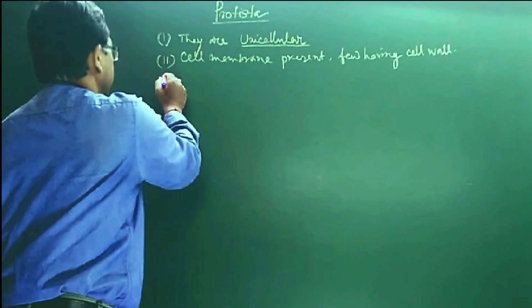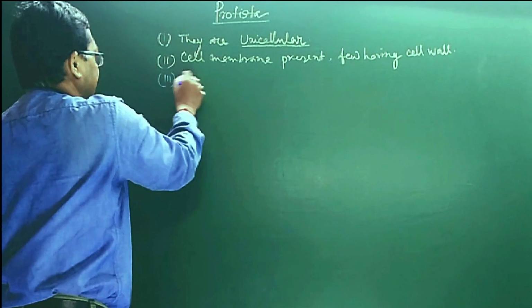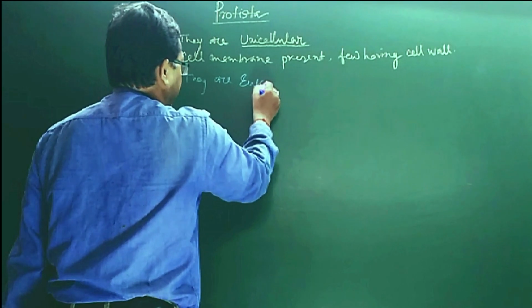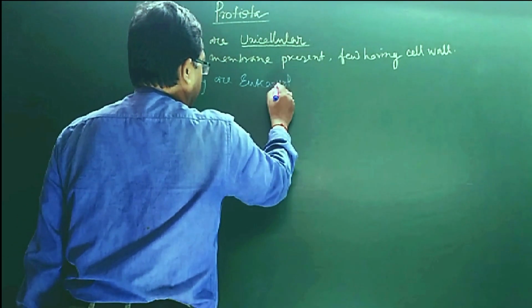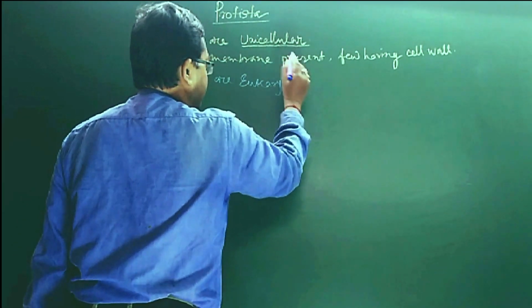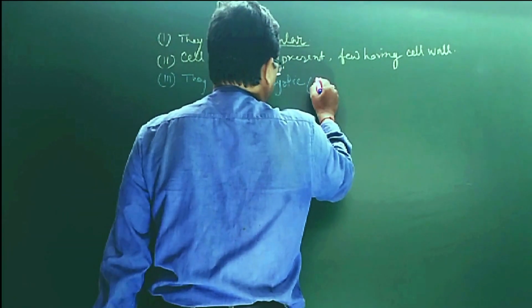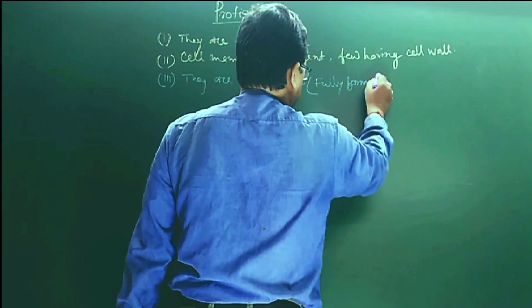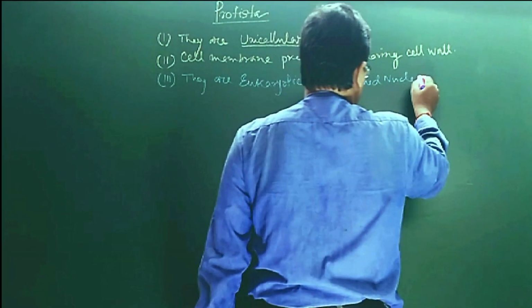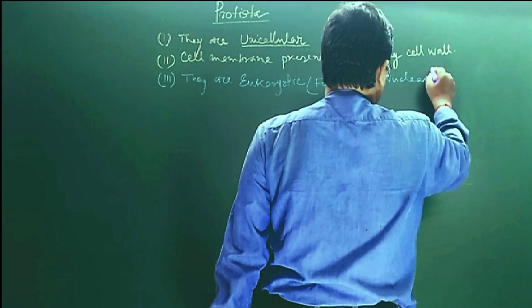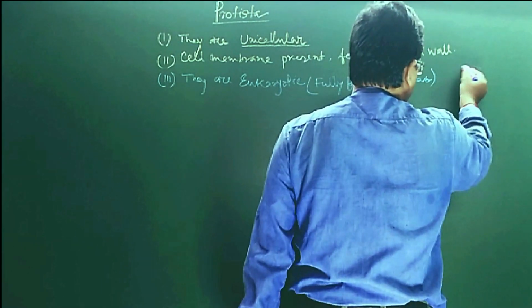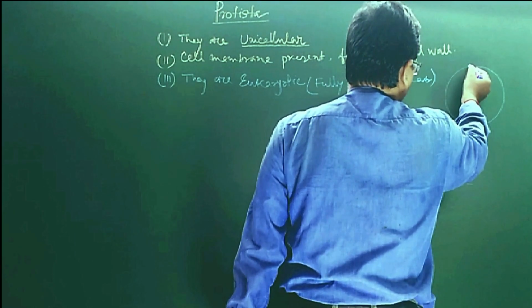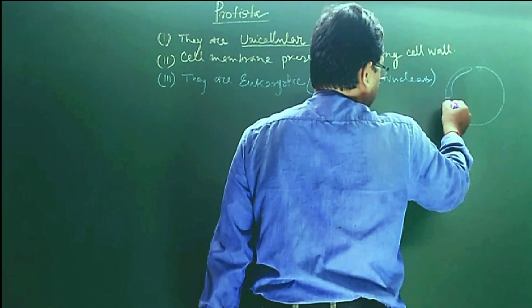Third, the most important character is they are eukaryotic. That means a fully formed nucleus. A nucleus comprises 4 parts.